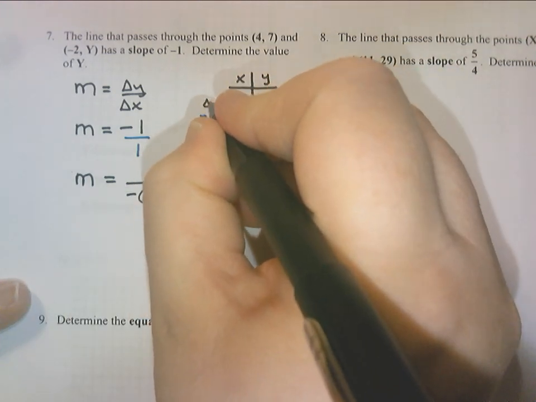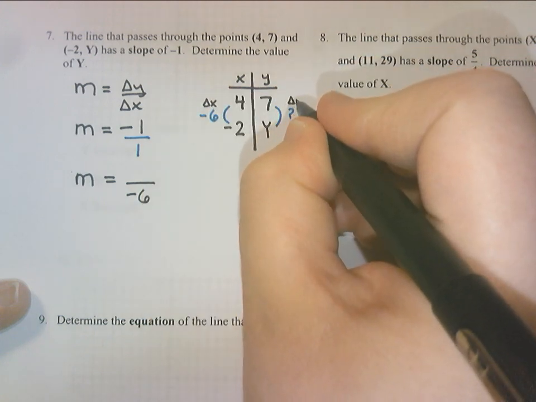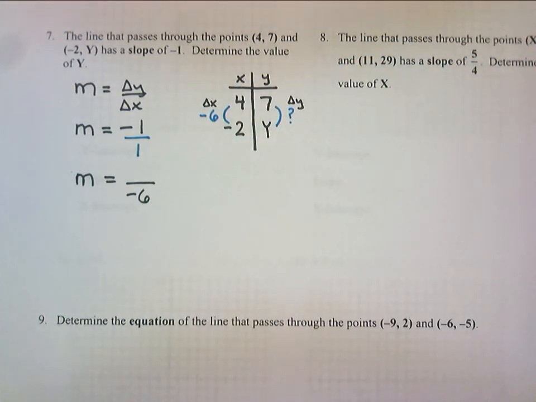This is our delta x side. This is our delta y side. So essentially, all I have to do is create an equivalent fraction using the slope that they gave me in order to figure out what the missing number is here.